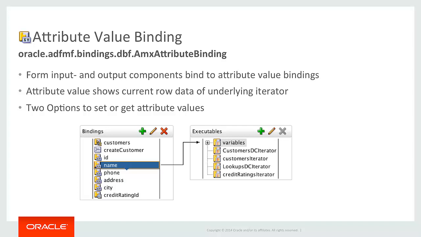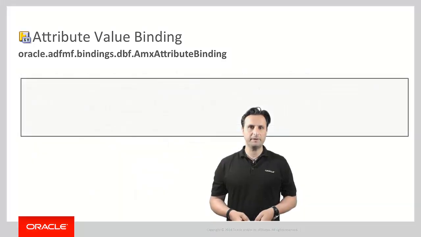One way of doing that would be to create an attribute value binding in the binding layer, and then after the selection of the new row in the list view, just get access to that attribute value binding, because the attribute value binding is always synchronized with the current state of the iterator. So it always gives me a window into the specific attribute of the current row. So just a use case. There are different ways to get there, but that's the easiest way to do that. So that's the attribute value binding.